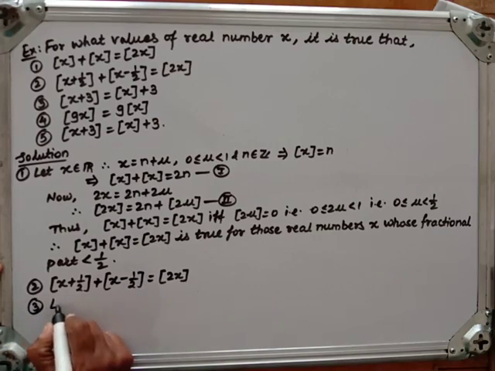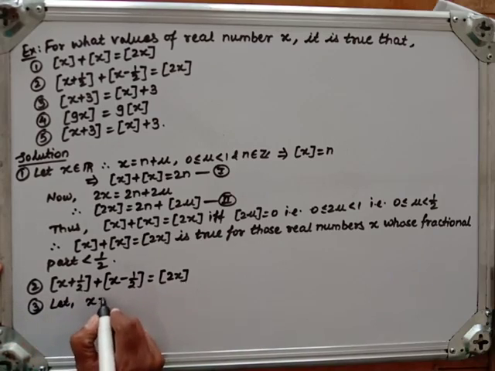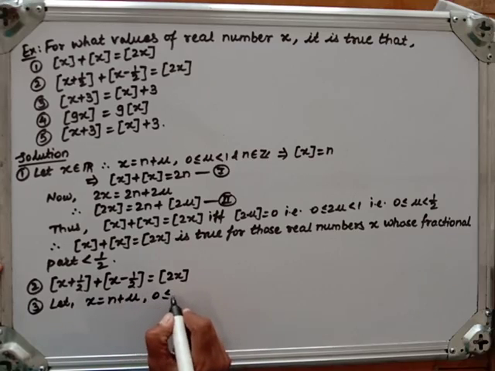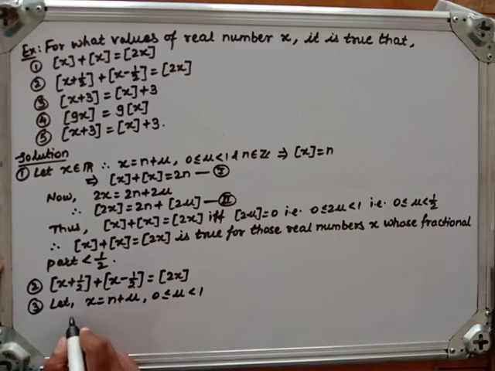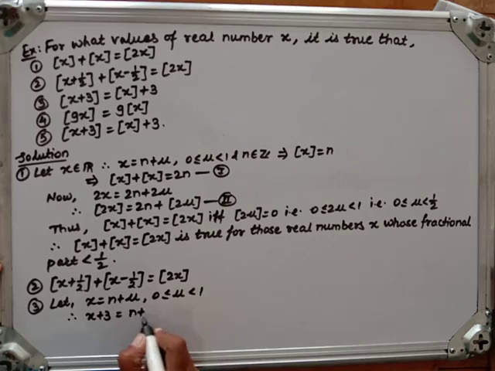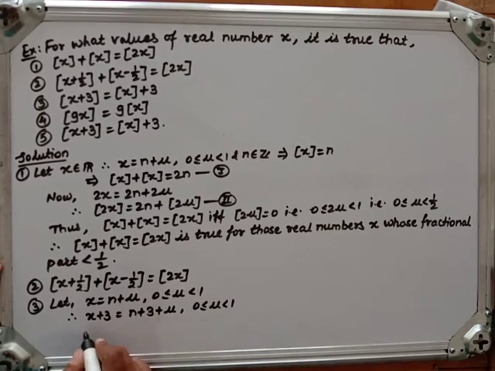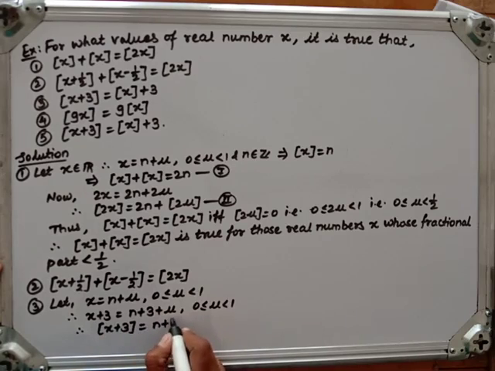Now the third part, let x is equal to n plus mu, 0 less equal mu less than 1. Therefore, x plus 3 is equal to n plus 3 plus mu, 0 less equal mu less than 1. Therefore, greatest integer function of x plus 3 is how much? n plus 3.